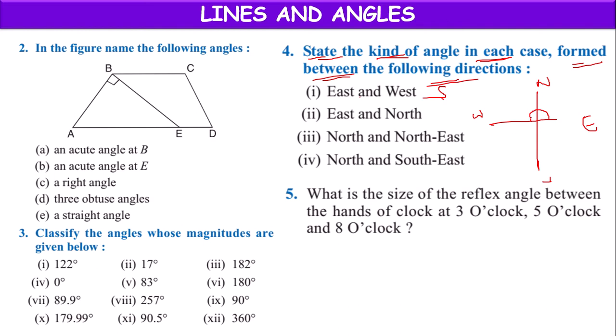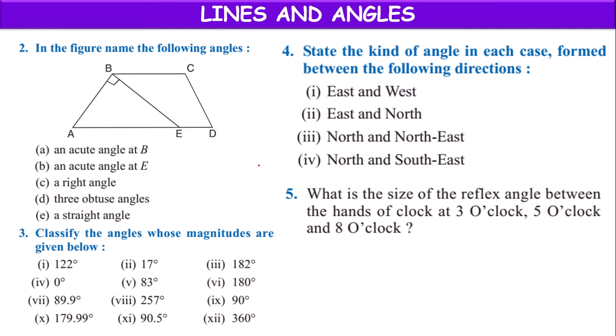East and north, 90 degrees, right angle, R. North and northeast, between these two, acute angle, A. North and southeast, between these two rays, more than 90, less than 180. So it is obtuse, O.